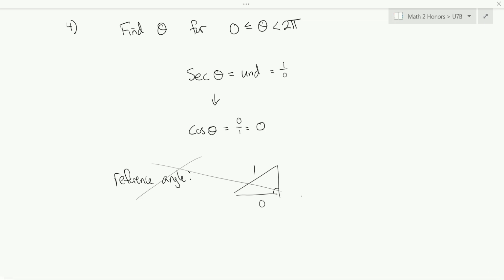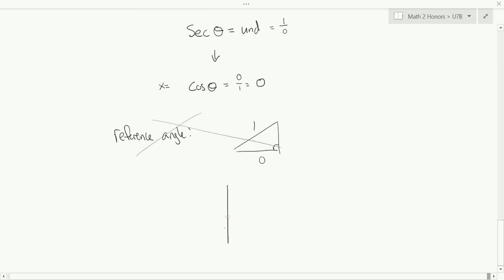You're on either the x-axis or the y-axis. And so then you rely on, okay, cosine is x. So this is saying my x-coordinate is at 0. Where is that on your xy axis? It's on the y-axis, right? Any point on the y-axis has an x value of 0.